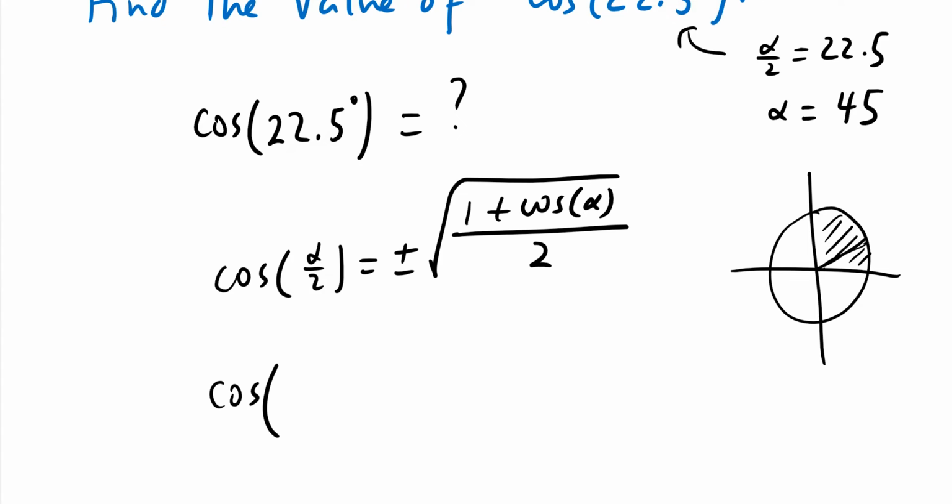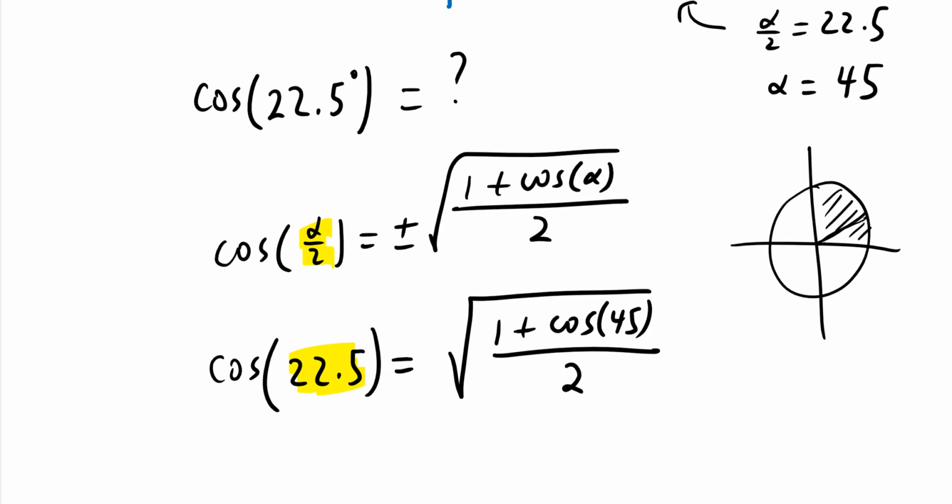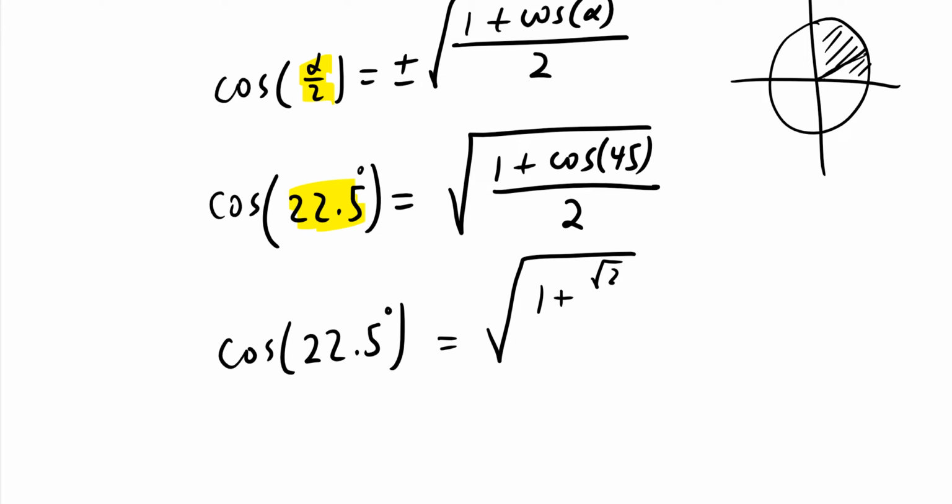If you match them, alpha over 2 is 22.5, and this means alpha is 45. So cosine 22.5 is the square root of 1 plus cosine 45 over 2. I only chose the positive one because it's in the first quadrant. We are familiar from previous sections with cosine 45, which is square root of 2 over 2. All that divided by 2.